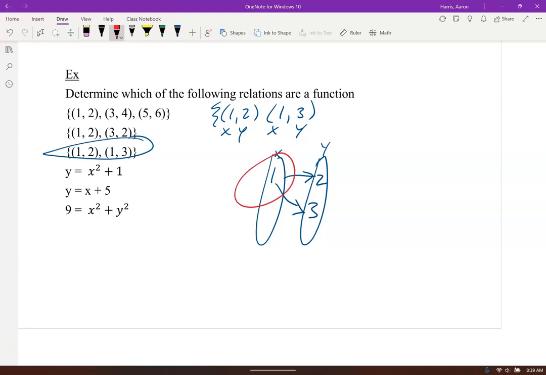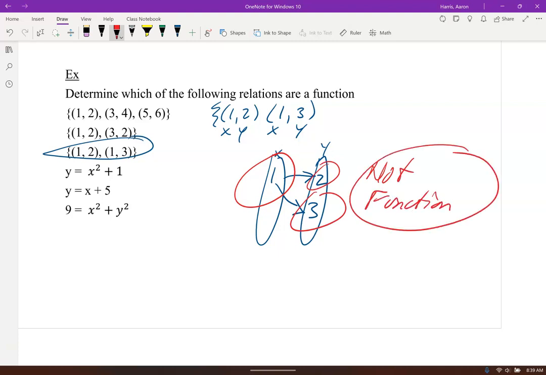Now look at this. I have an x value of 1, but there's 2 outputs for y, so this is not a function. Because again, for every x, there can be only one y. So when you see that repeated x going to different y values, that's a problem. That's not going to be a function. So this is not a function.